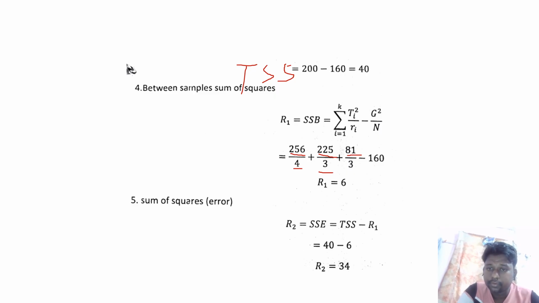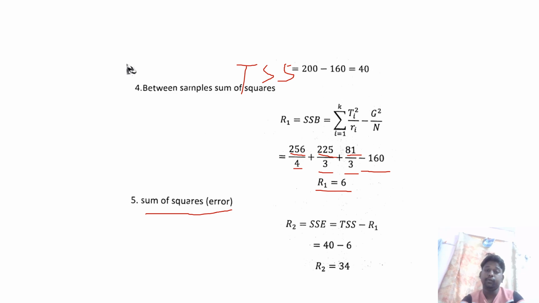And for C the value is 81, and for this they have 3 columns. Like that we implement these problems, and subtract the correction factor. Okay, we get R1 equal to 6. Now we have the TSS value and the R1 value, and we are going to calculate the sum of square errors.